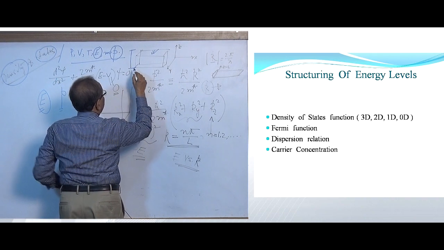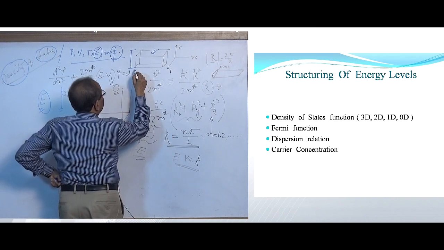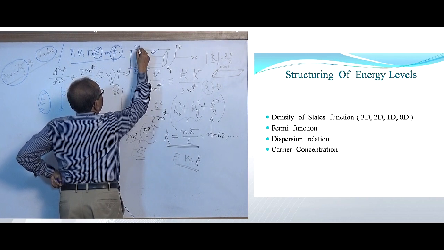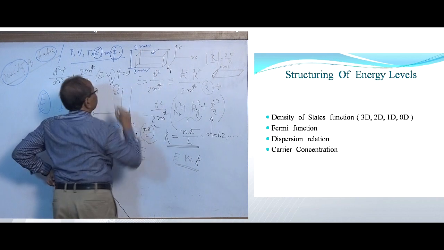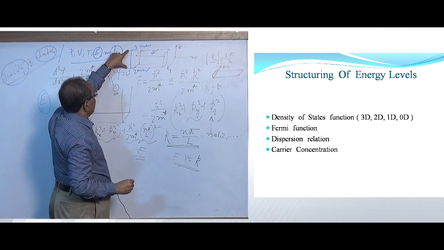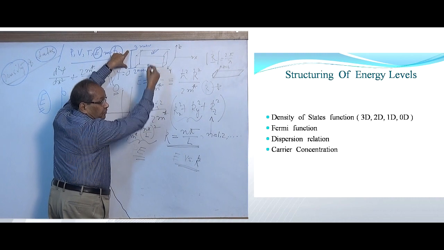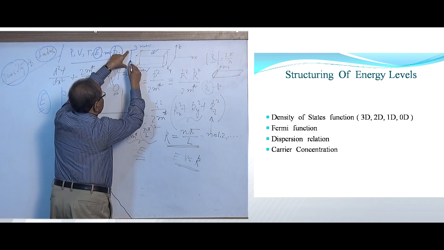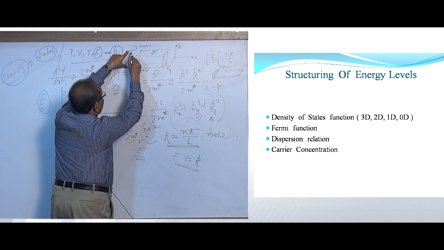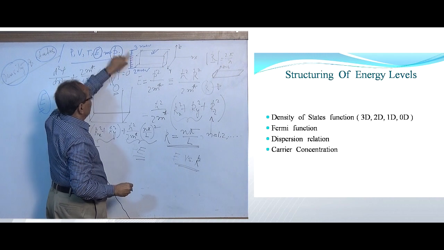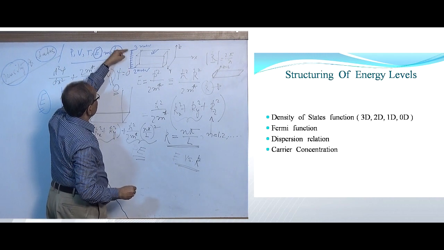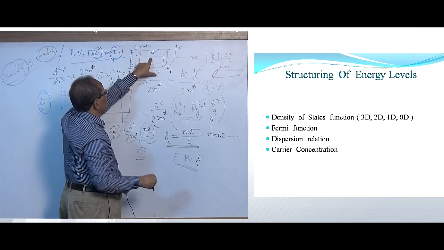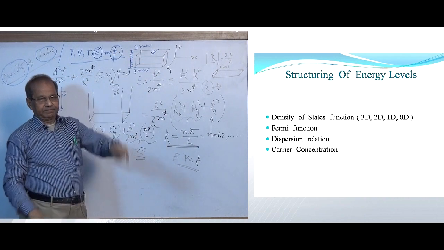Suppose I am taking, say, energy 2 milli electron volt and another 3 milli electron volt. Count 1, 2, 3, 4 like that. So you count the energy levels within this unit energy separation in unit volume of the specimen.